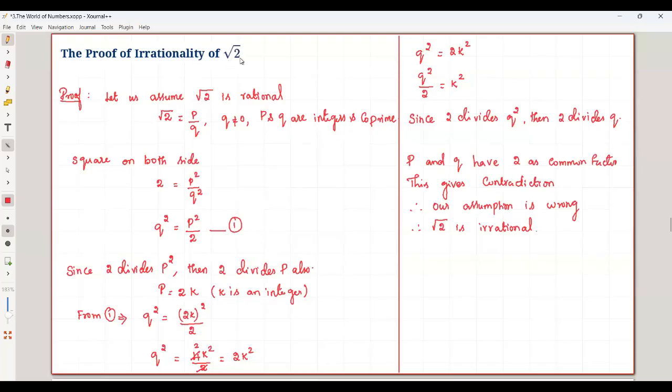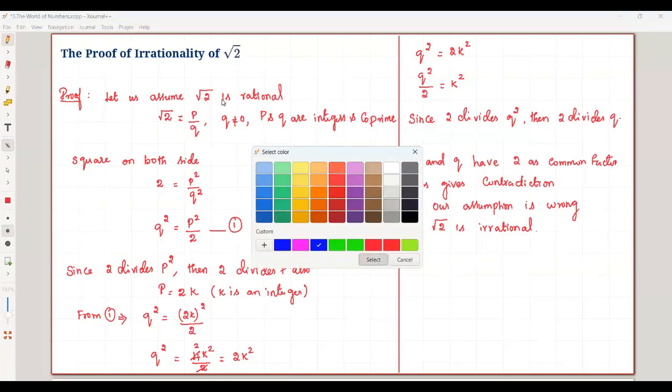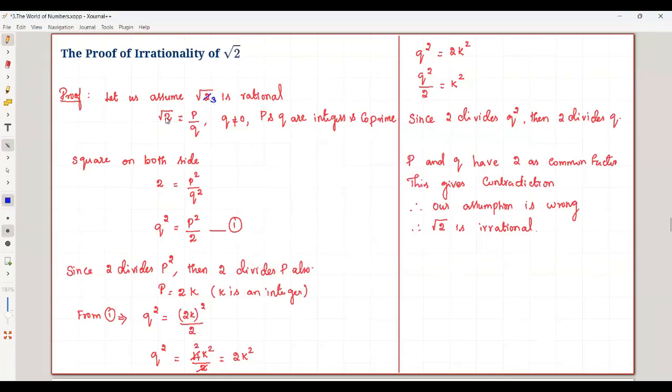If you want to prove root 3, in the place of 2 you just take 3. I'll explain quickly. If you square both sides, root 3 squared is 3. So here you can write: if 3 divides p square, therefore 3 divides p also. So you get p is equal to 3k.